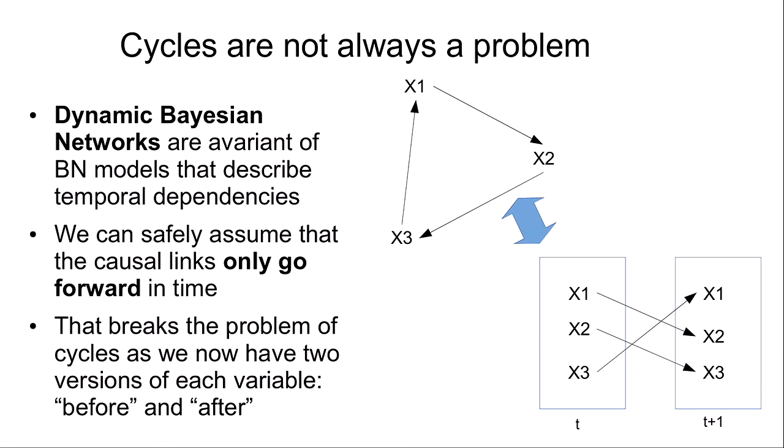For training such a network, you need to supply pairs of observations, so an observation before and an observation after. That breaks the cycles and allows you to learn the structure that has a cycle if you then roll it back again. So that's the same network on both pictures.